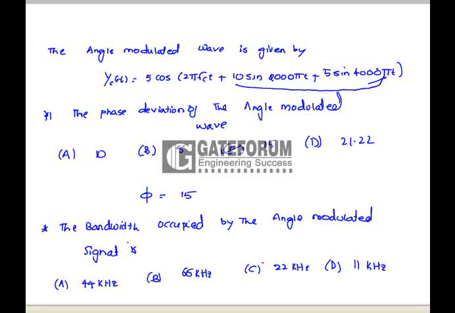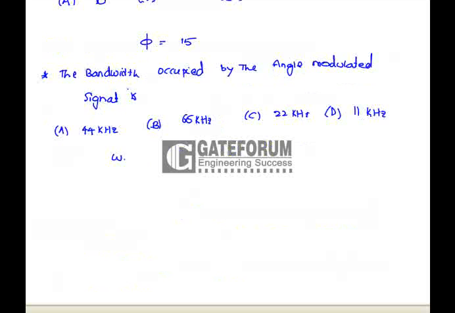The bandwidth occupied by the angle modulated signal: omega i is omega c plus delta omega. So delta f max equals omega i max minus omega c.